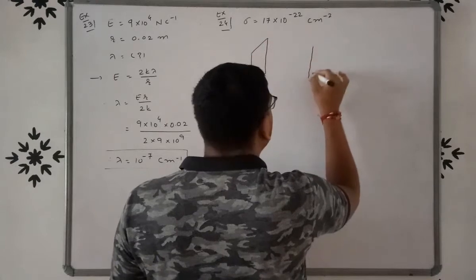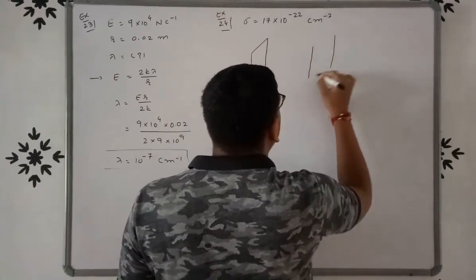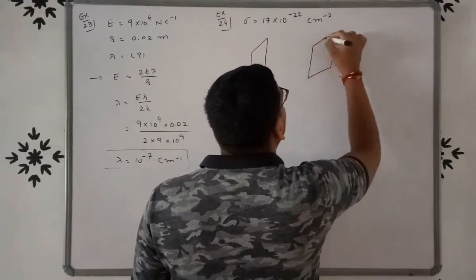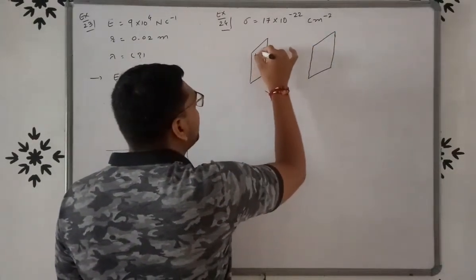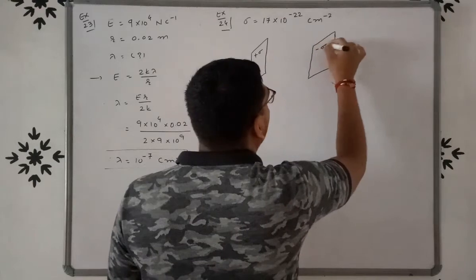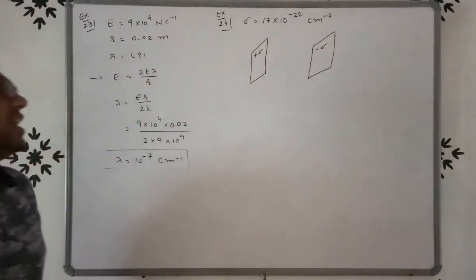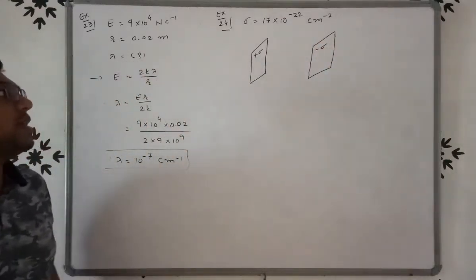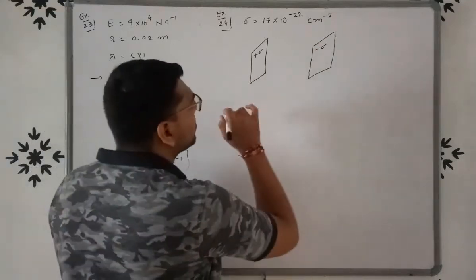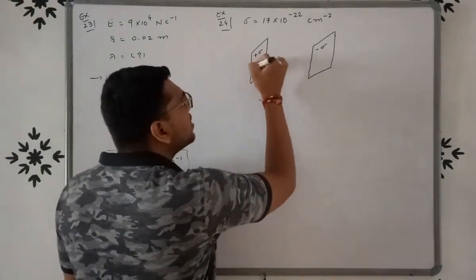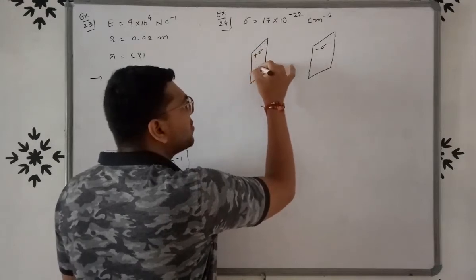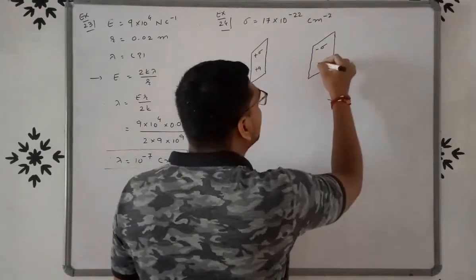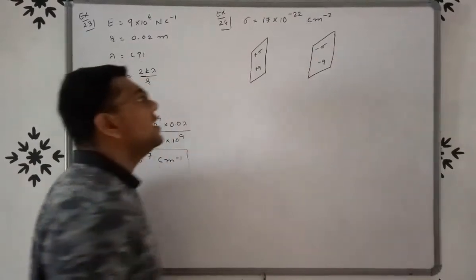This plate has surface charge density plus sigma, and this plate has surface charge density minus sigma. We know that sigma is equal to Q by A. So here the surface charge density is positive, so here there is a positive charge and here there is a negative charge, right?